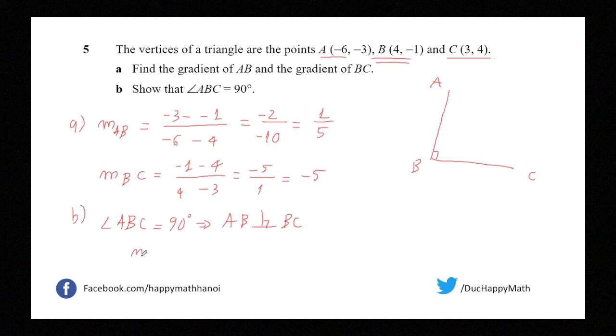So you got that the gradient of AB times the gradient of BC equal to 1 over 5 times minus 5 equal to minus 1. So the product of the gradients is equal to minus 1. So AB has to be perpendicular to BC, so this angle has to be equal to 90 degrees. That's quite easy.